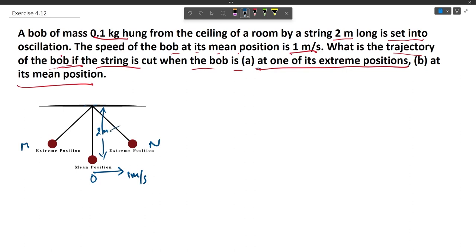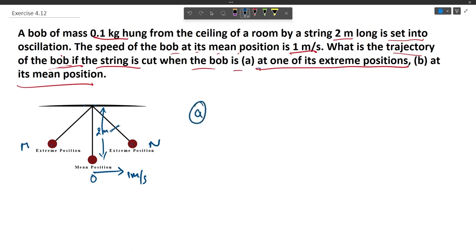If the string is cut, what will happen? What will be the trajectory of the bob? At first we should know that when the bob is at the extreme position, its speed is going to be 0. So the moment we cut the string, when its speed is 0, the acceleration due to gravity would be acting anyhow, so it will lead to the free fall of the bob.